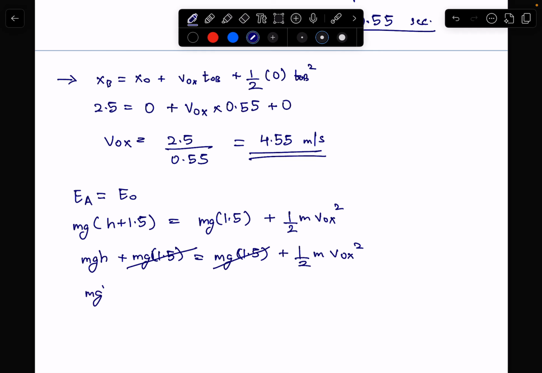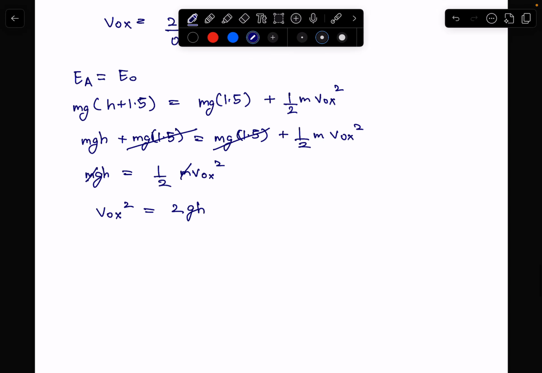So you end up with mgh equals half m Vox squared. Now m is common on both the sides, so if you divide by m, it just cancels out, and what you're left with is gh equals Vox squared by 2. Perfect.